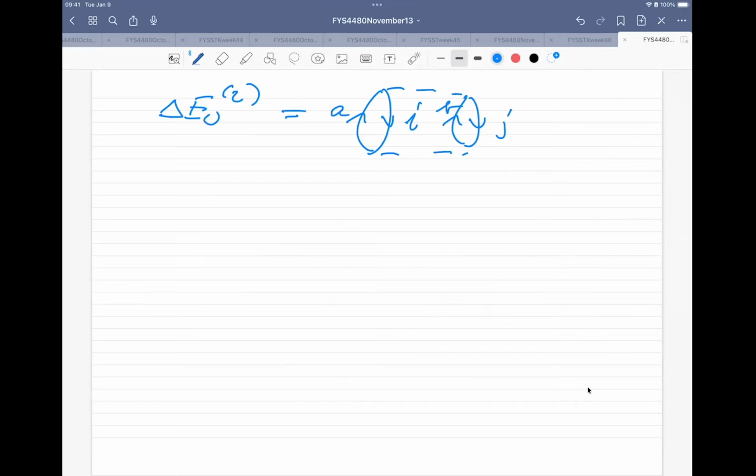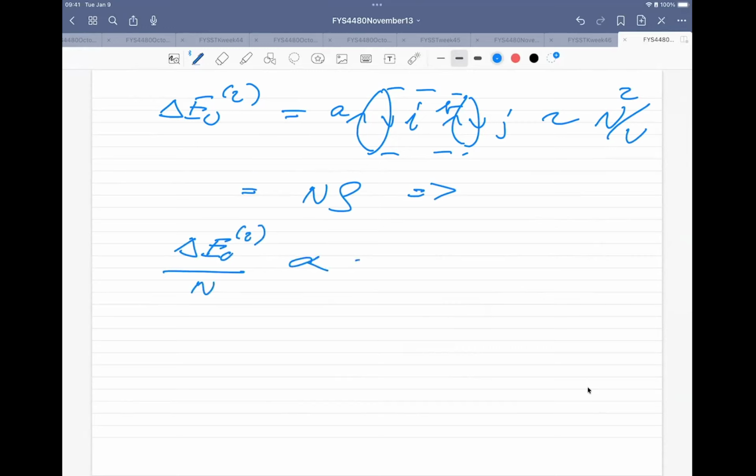Now this term is going to be proportional again to n squared divided by V, and that is going to be given by n times rho. So if I then take again delta E divided by the number of particles, this will be proportional with the density. So we say again that to second order, this term is size extensive.